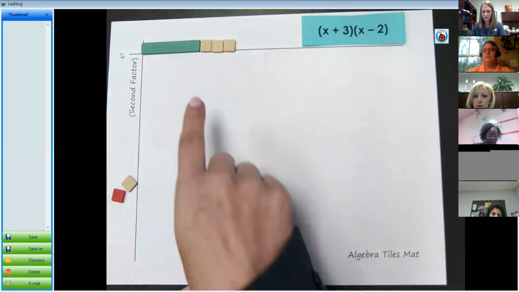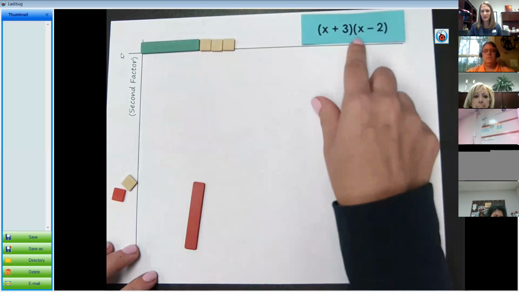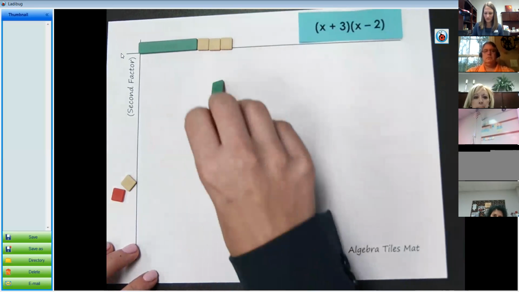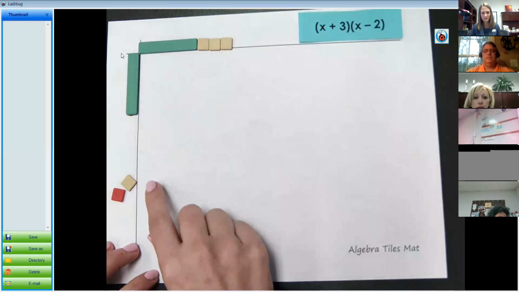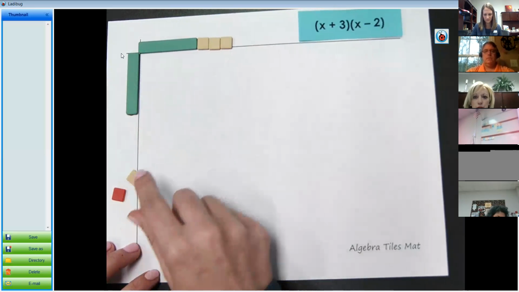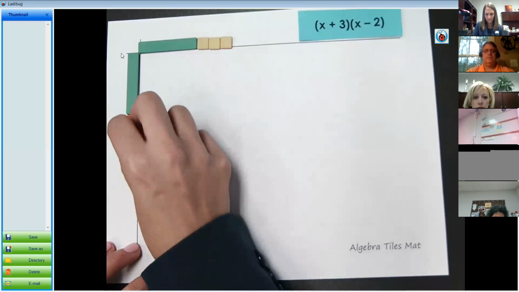Okay, so most of us should have that 1x tile and then 3 positive units. Now the x subtract 2, we're going to want to have that 1 positive x. And then the difference for our students this time is that instead of using the positive tile, they're going to use the negative to represent those minus 2.